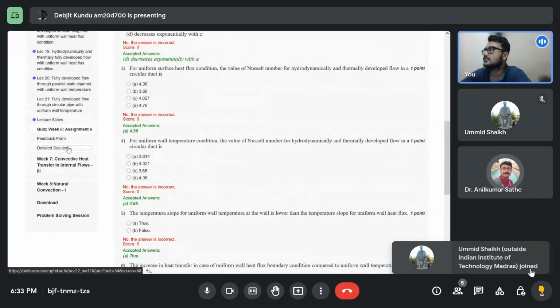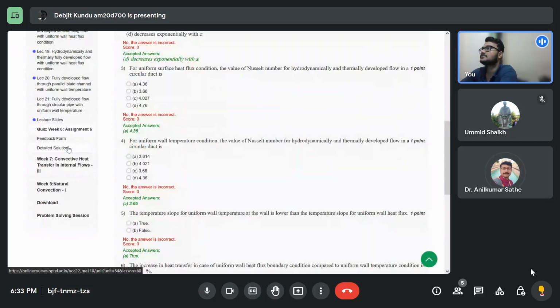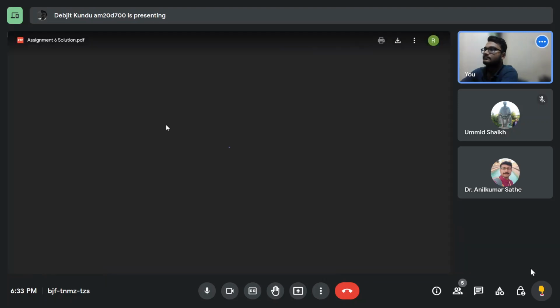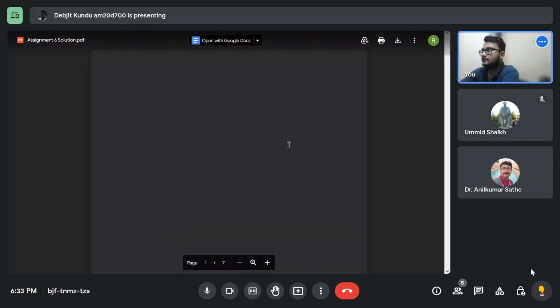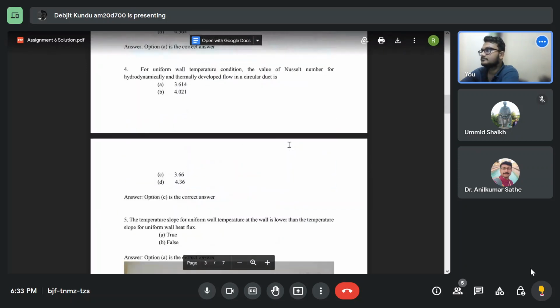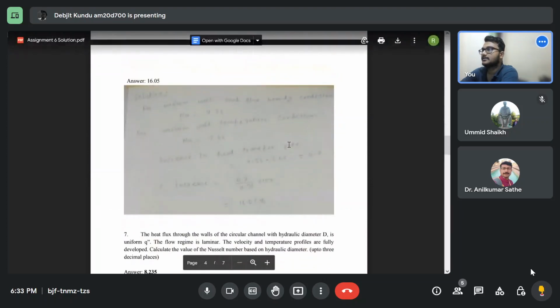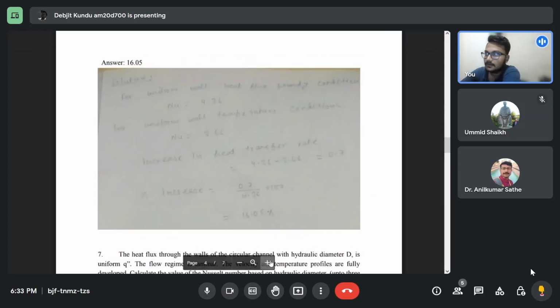For uniform heat flux, I'll open up their solution as well. Yeah, this was the one. Is it properly visible? Yes, it's visible.